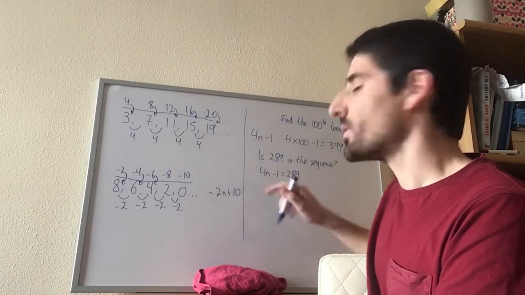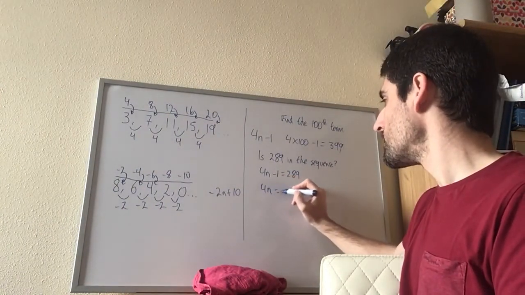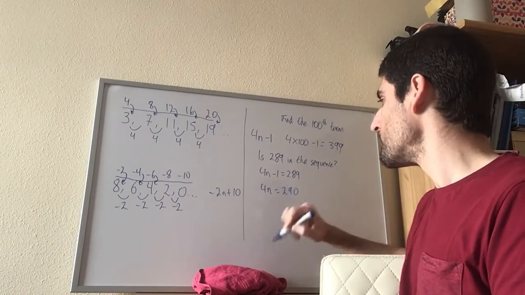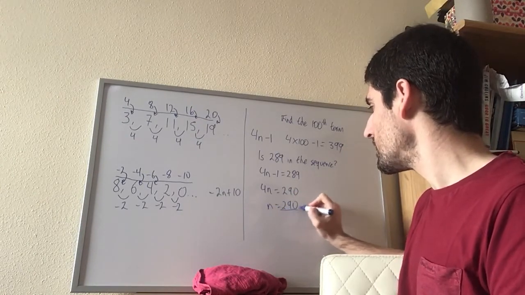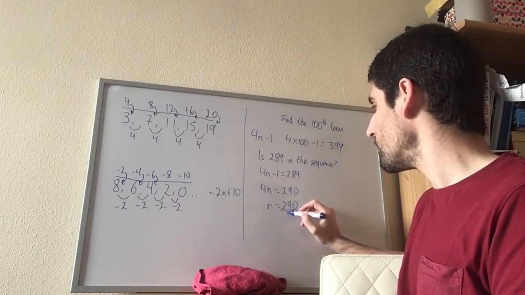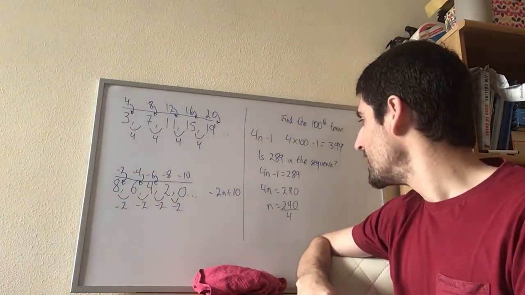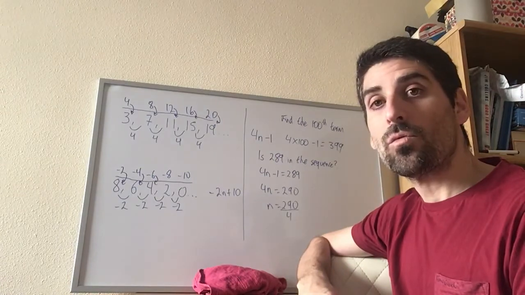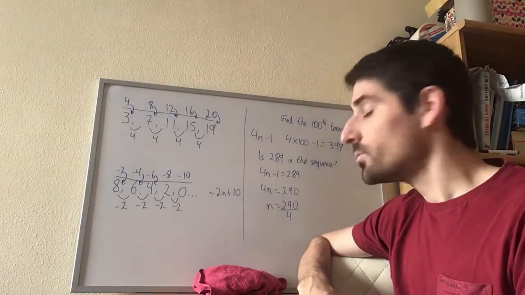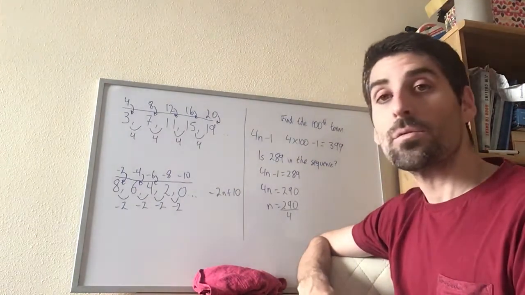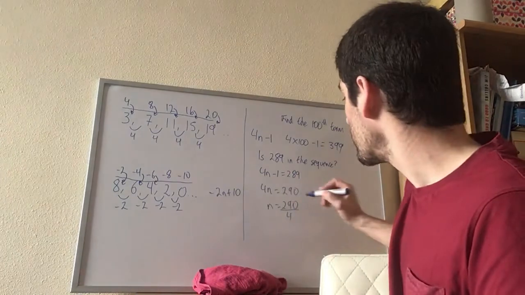So if I try to solve this equation here, I move the 1 to the other side, and then n is 290 divided by 4, which is going to be 145 divided by, what did I say, 145 divided by 2, which is 72.5.